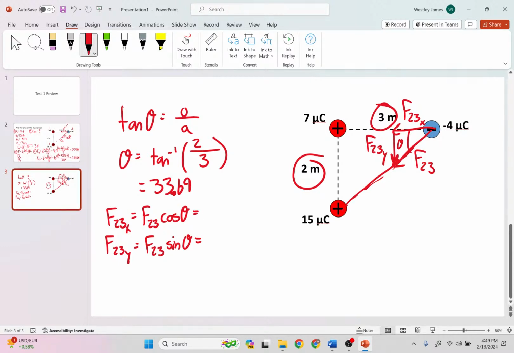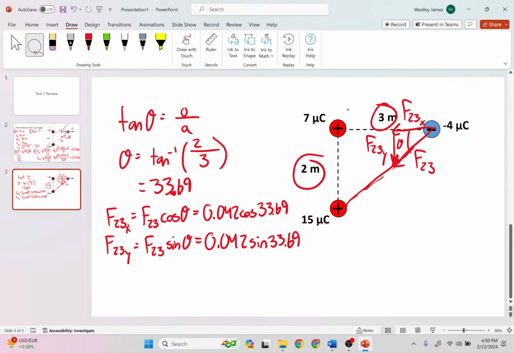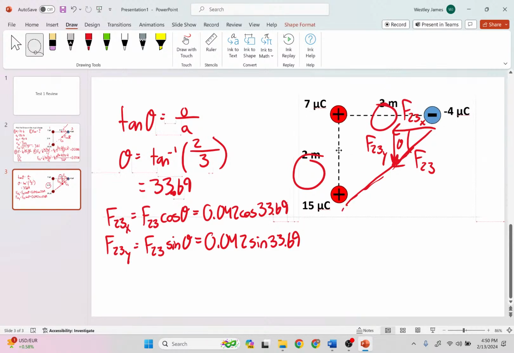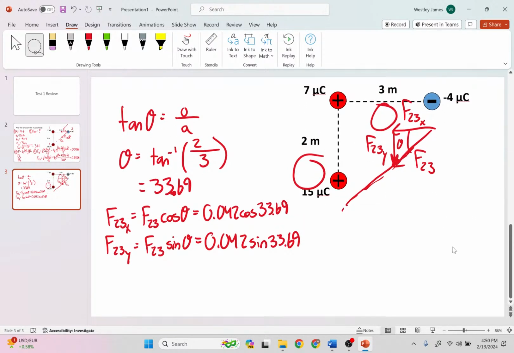So you just plug that in. We just had the values for F23. That was 0.042 times cosine of 33.69, and 0.042 times sine of 33.69. Let me move my whole picture up so I have room to put the answers.